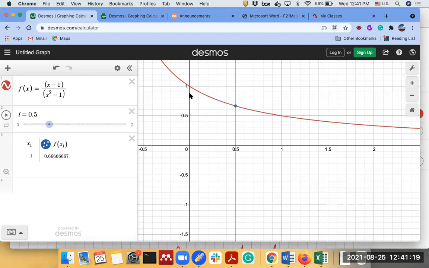The point here will go down from the top to 0.5, right? Do you see it? Good. That is the meaning of limit. Okay, that's it. So I hope it will help you.